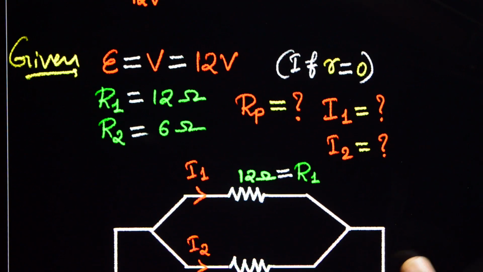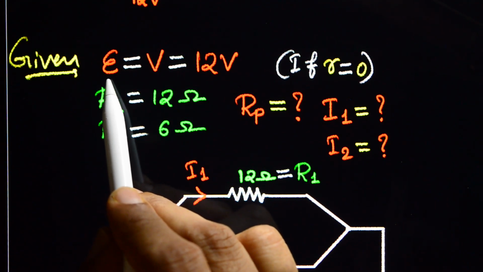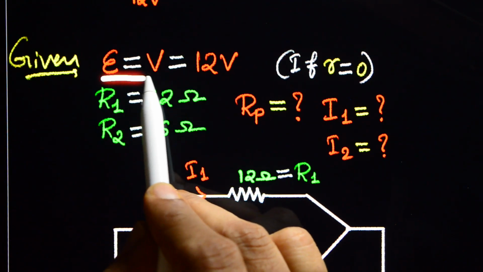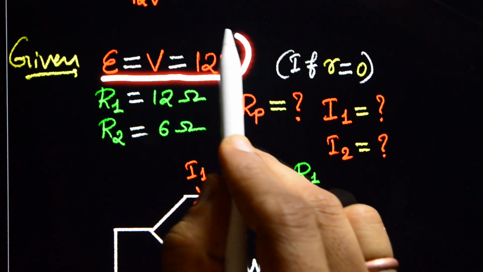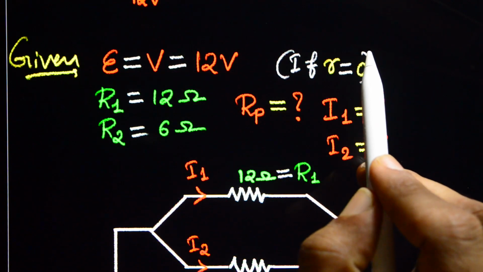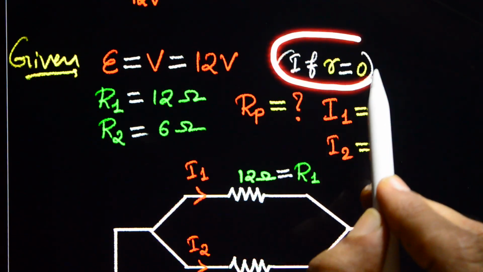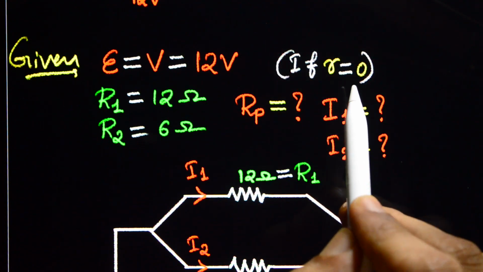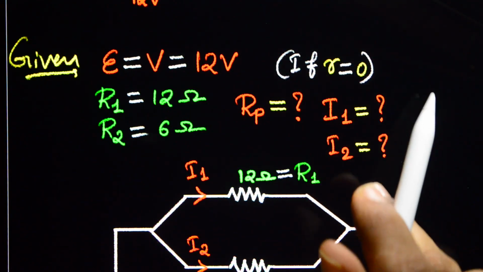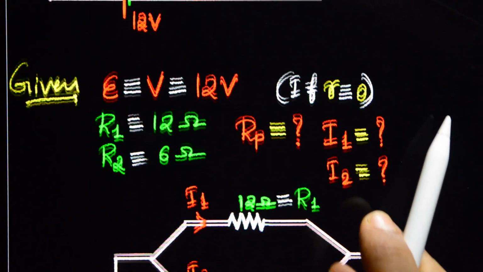Here what we are given? We are given that the EMF or potential difference of a cell or battery is 12 volt. We are assuming that the internal resistance of the cell, r, is 0 because we are not given small r, internal resistance.